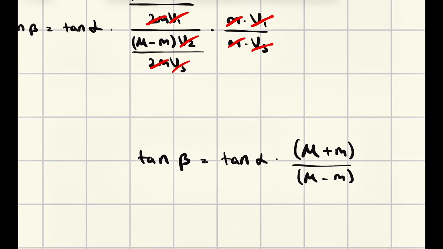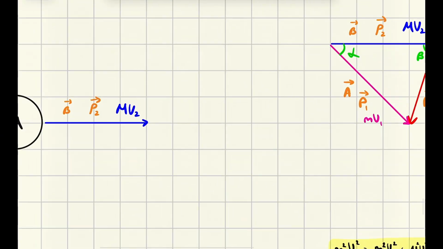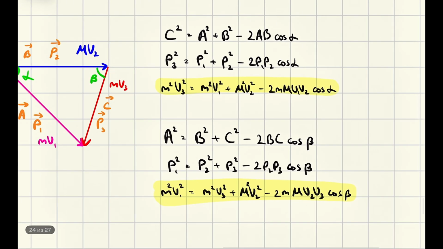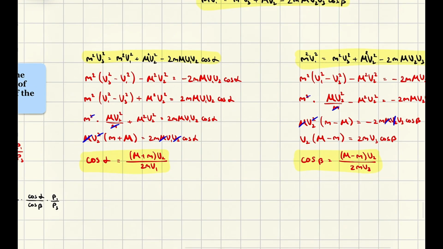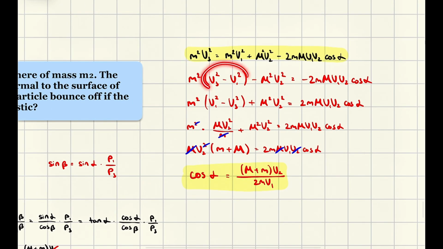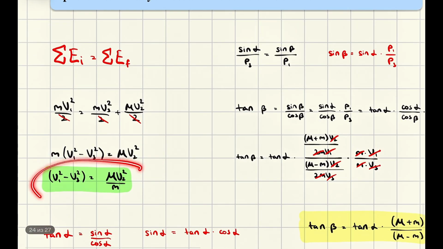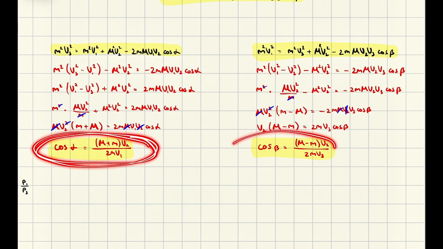Good, I like it. As you can see, in fact, it is not that hard. It is pretty intuitive. Just you should learn how to draw these vectors, how to use them. We just applied the cosine law two times. Here, simple math a little bit, and then we have found the meaning of this thing. We have substituted through conservation of energy, which is here, and we applied it to both situations where we could find the meaning of cosine alpha and cosine beta.